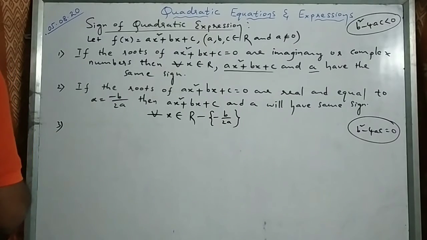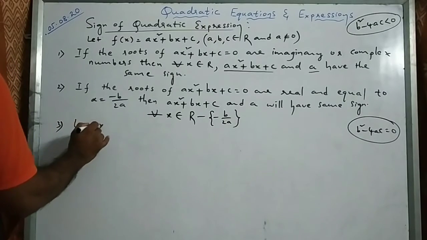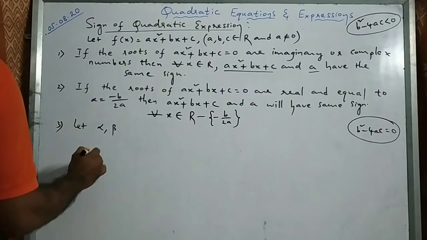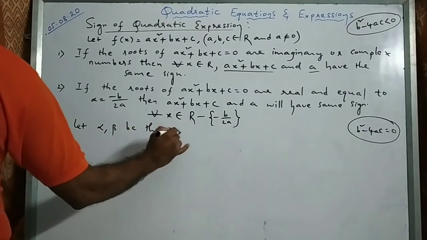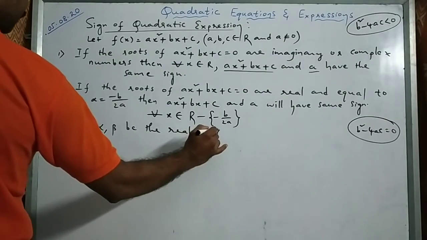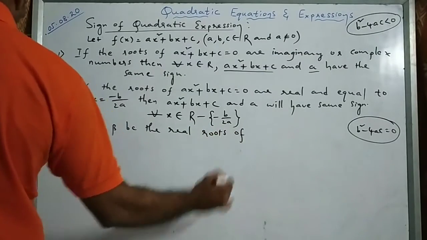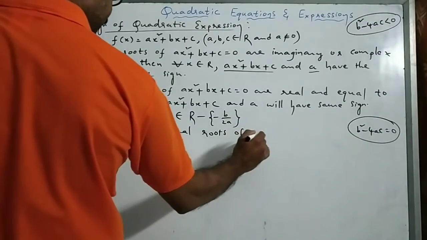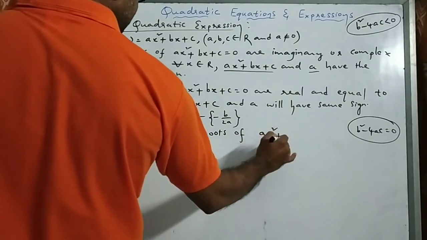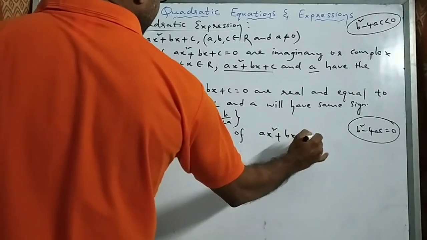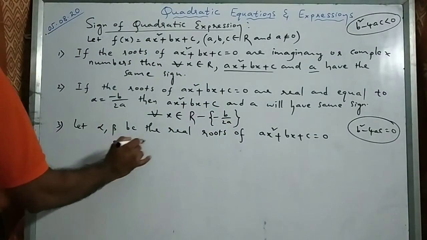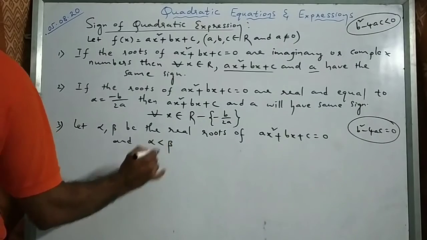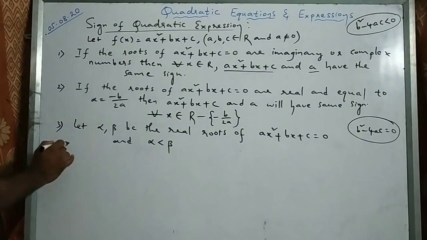Let alpha, beta be the real roots of ax square plus bx plus c equal to 0, and let me take alpha less than beta.